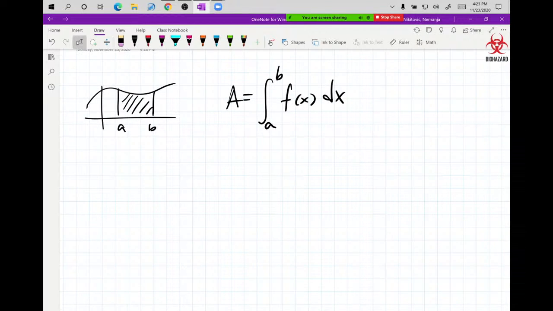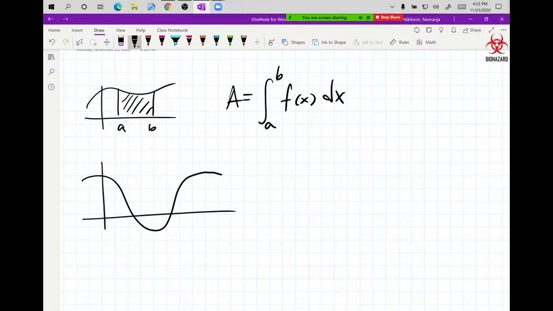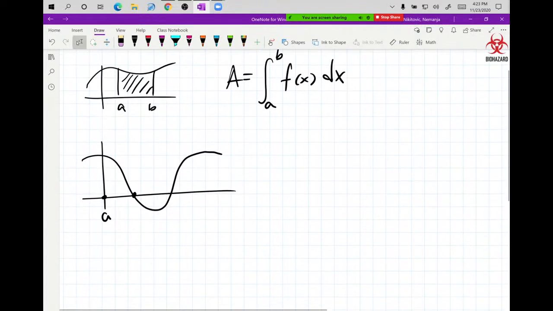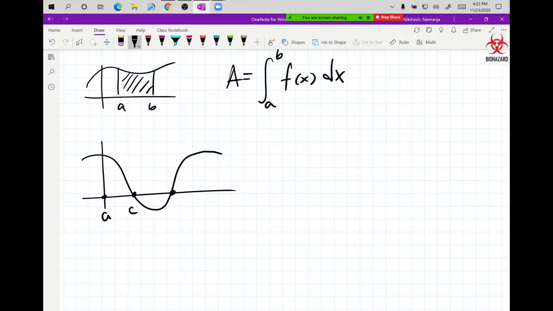We also learned that if the function dips below like this, we can still find area, but we have to be very careful. So you will calculate a to c of f of x the normal way.